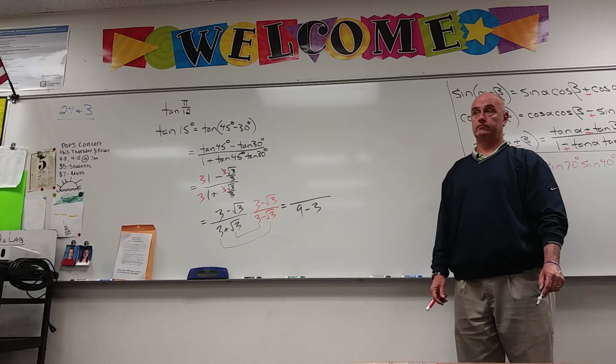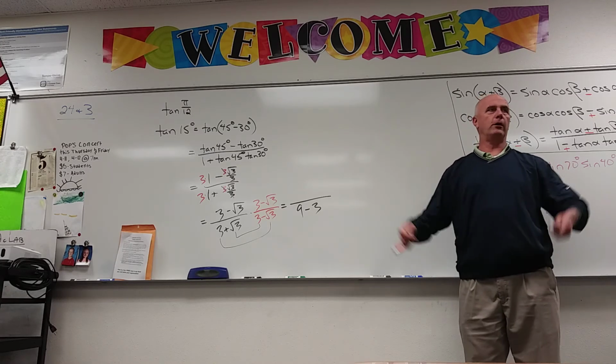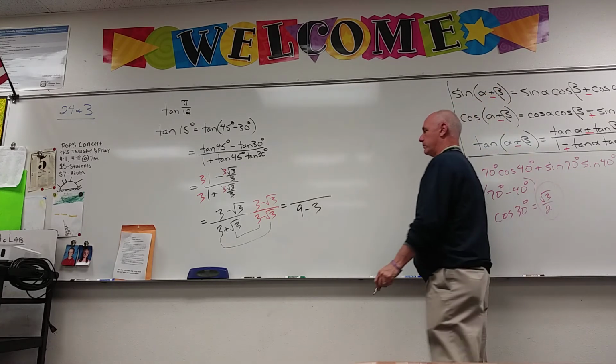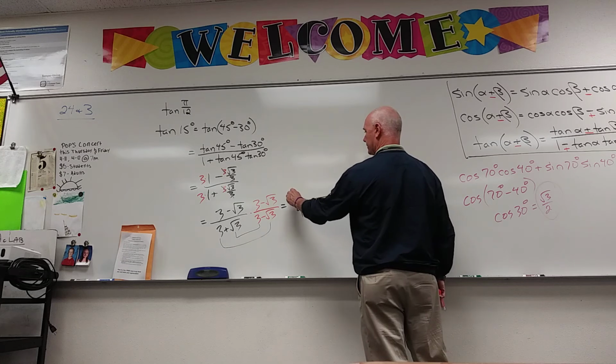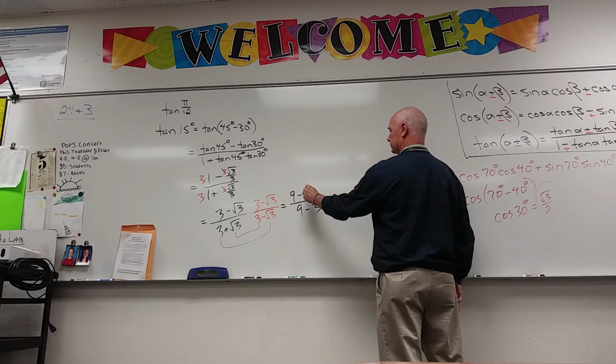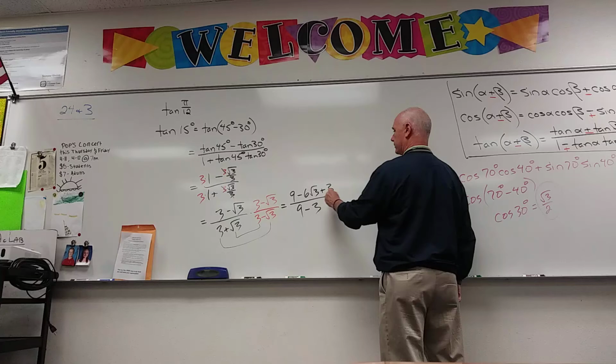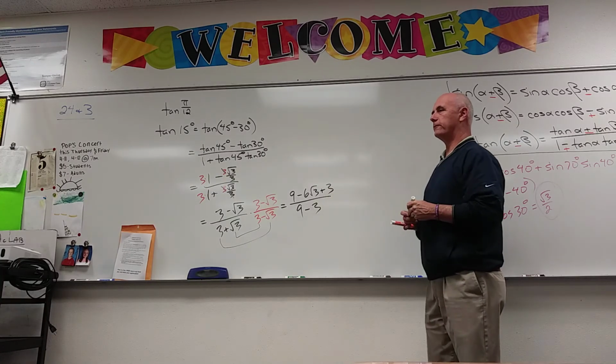Numerator. Straight FOIL, however you want to do it is good. Give me some numbers. 9 minus 6 root 3 plus 3. Remember that we are FOILing this.